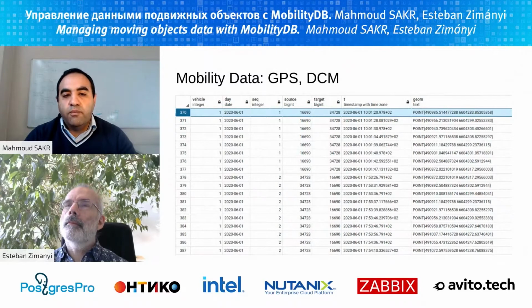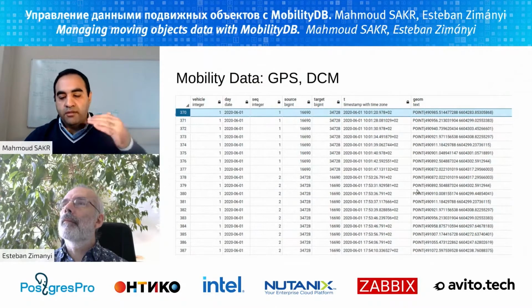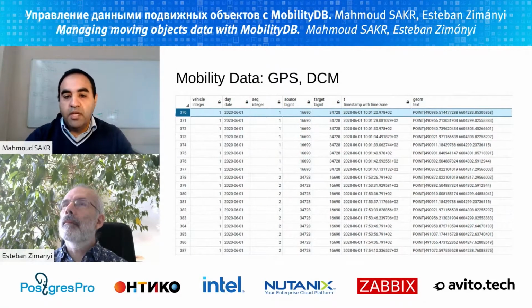What you get from the GPS device will look more or less like this. You have a point and a timestamp, the two last columns in this table. And then you have a sequence of these. So according to the sampling rate, the frequency of taking observations of the sensor, you will get a location and a time. And you will also get some other event load according to the device.